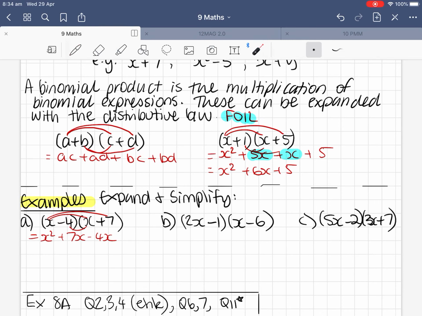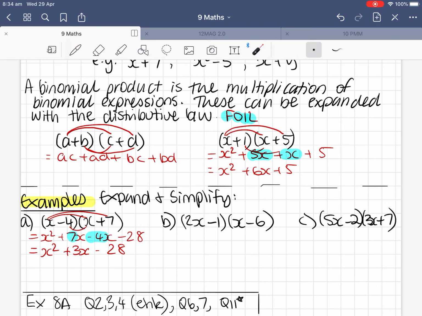Now we have to be careful here because there is a minus sign here, so it's negative 4 multiplied by x. Take 28. Same deal, guys. You've got negative 4 times positive 7. We have the like terms here. So we end up with x squared, 7x take 4x is 3x, so plus 3x take 28.